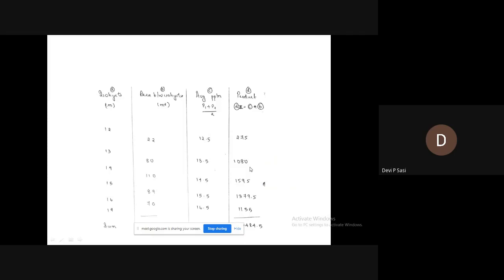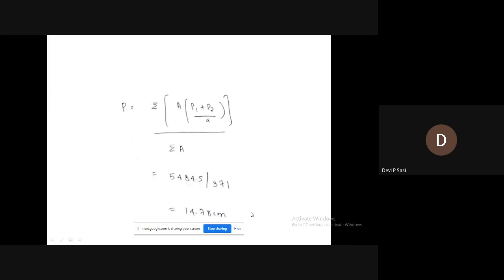Therefore, 275 plus 1080 plus 1595 plus 1379.5 plus 1155, so the numerator becomes 5484.5.